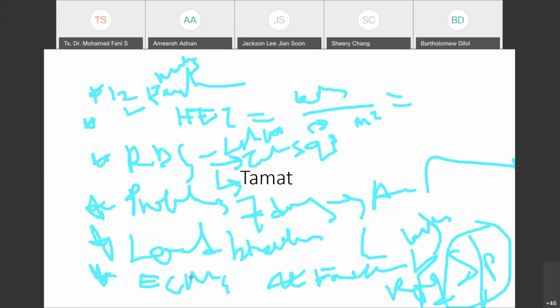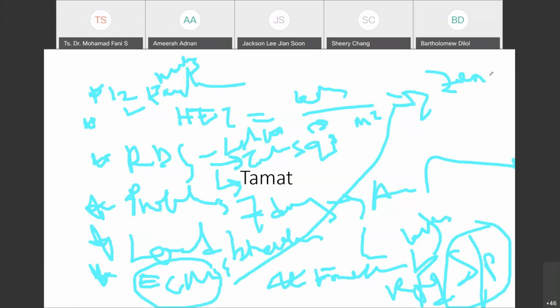So make sure to arrange the ECM from zero cost, small cost, medium cost to high cost. If there is no need for the high cost, then don't put high cost. Put zero cost, small cost, and medium cost is enough.